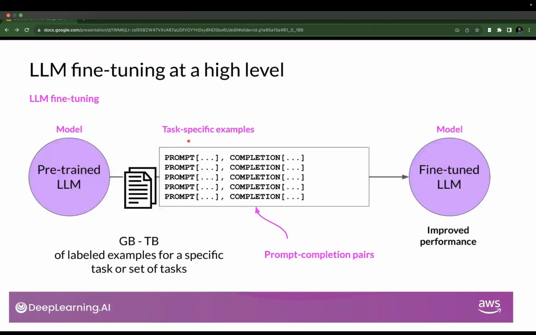A task could be question answer, it could be entity identification, it could be summarization, anything. So based on your task, you provide example prompt and completion, and then you fine tune your model to behave more accurately for these tasks. And that will give you a fine tuned model which will have improved performance on your specific tasks.